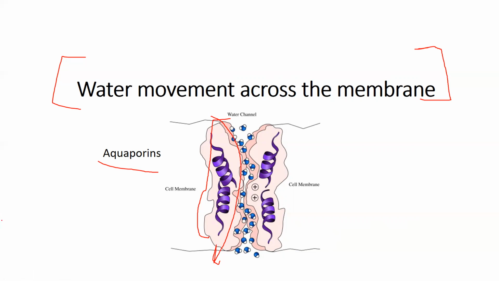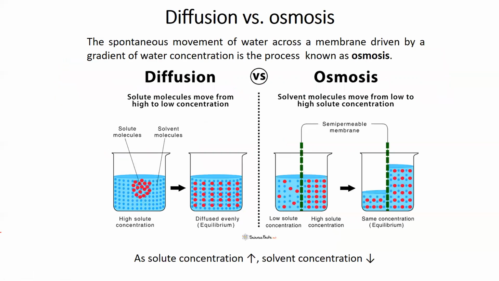Okay, so let's move into water. Let's talk about water movement. And so we said water movement is given a different name. It's called osmosis, okay? It's different than diffusion. When we talk about diffusion, we talk about solutes, okay? Whereas with water, it's a solvent, okay? And so you can see here with diffusion, these are the solutes, okay?